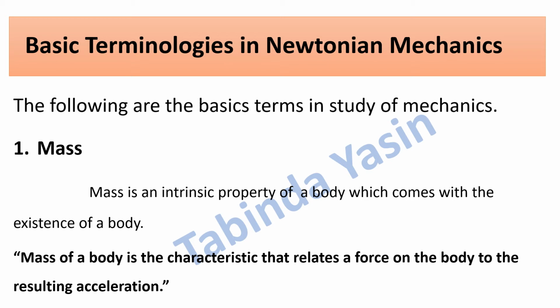So we can fairly write that the mass of a body is the characteristic that relates a force on a body to the resulting acceleration. If there is a body with a mass, then this mass relates to the force and the acceleration of the body for the motion.